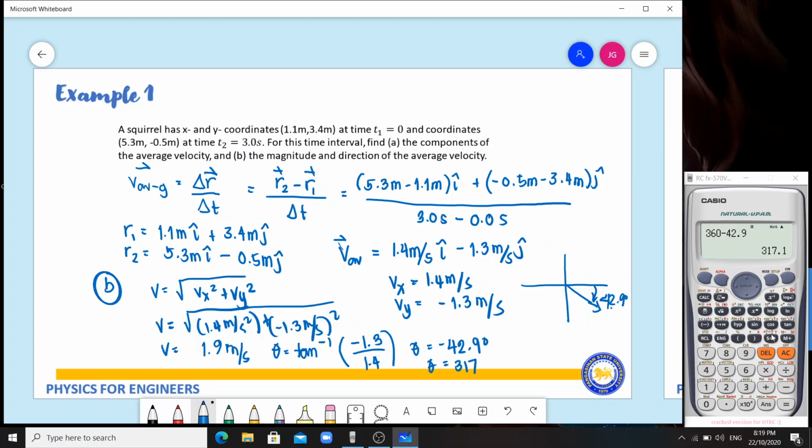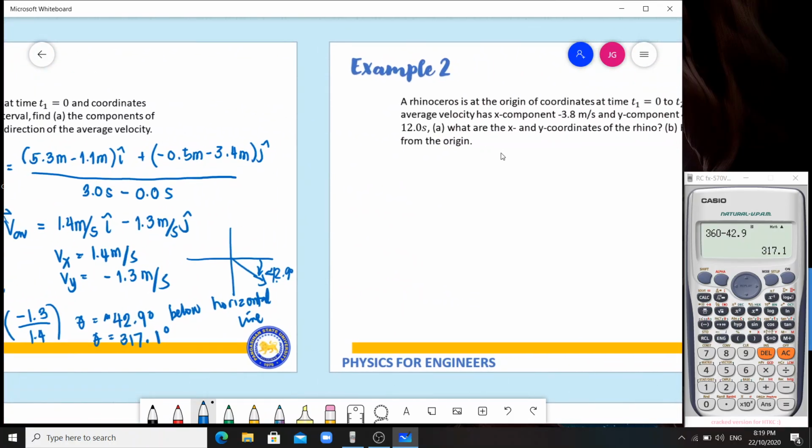Pwedeng ganito, 317.1 degrees or negative, we can write it as 42.9 degrees below horizontal. So that is the horizontal line. So that is the direction of the velocity, which is 1.9 meters per second. Okay? So let's proceed to example number 2.